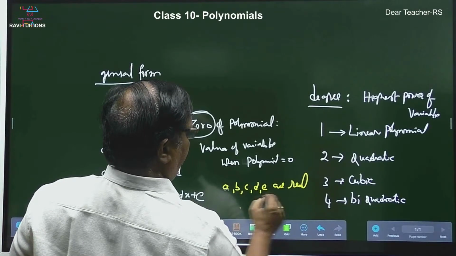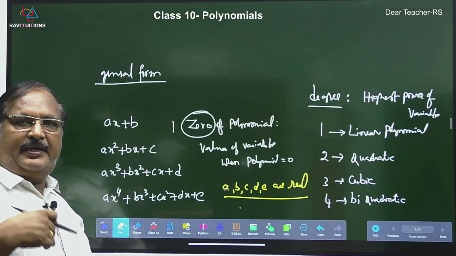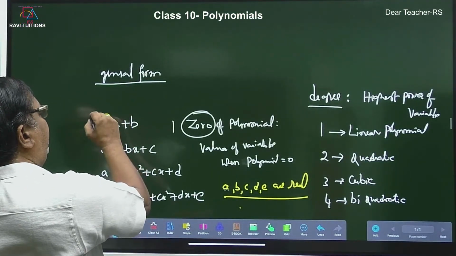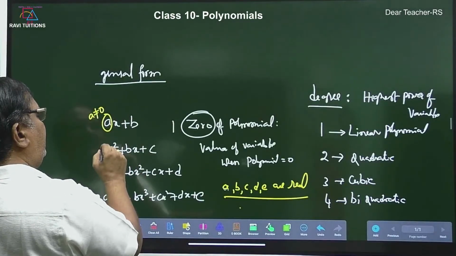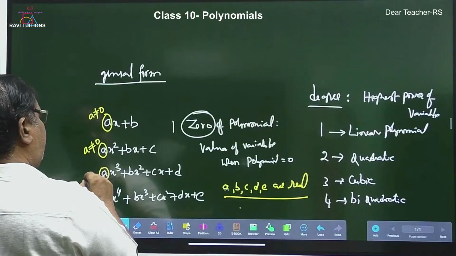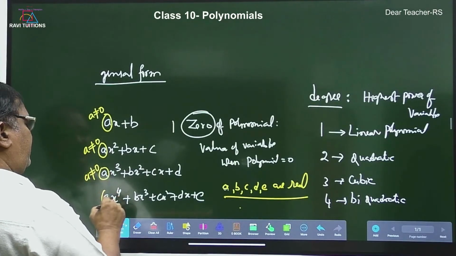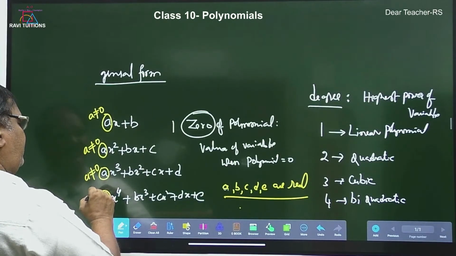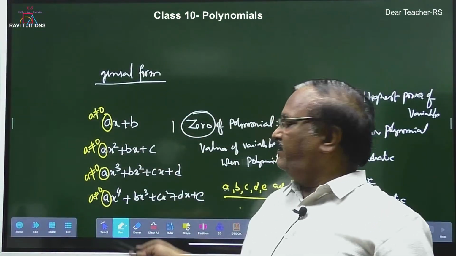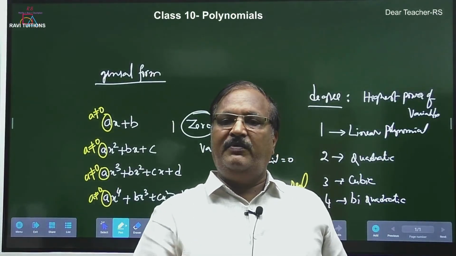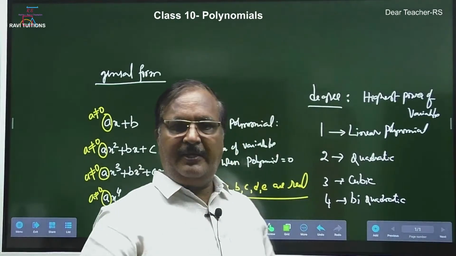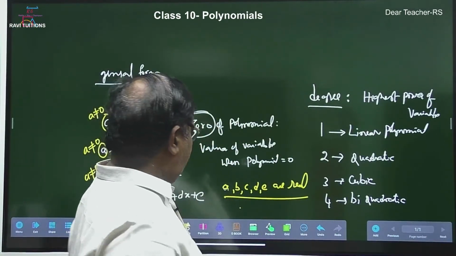They can be root numbers, decimal numbers, anything. But in each case, a is not equal to 0. If a is 0, that particular term will get eliminated, and then we will not call them linear, quadratic and so on. These are the simple things.